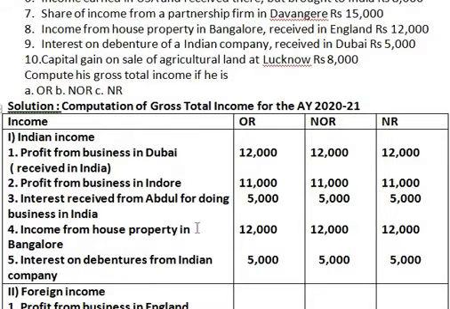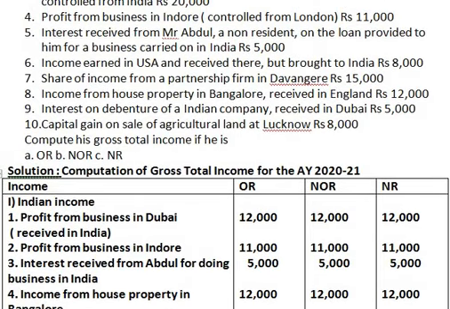We are done with all the Indian incomes. Let us now see foreign incomes. Which is a foreign income? Profit from business in England. Just see, I think it is the third point in the question.